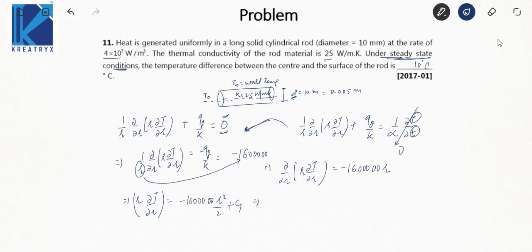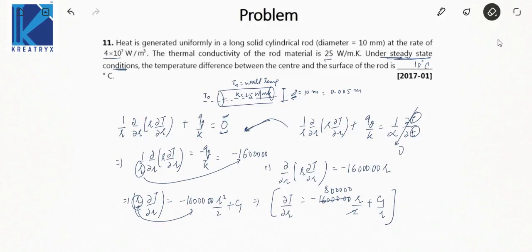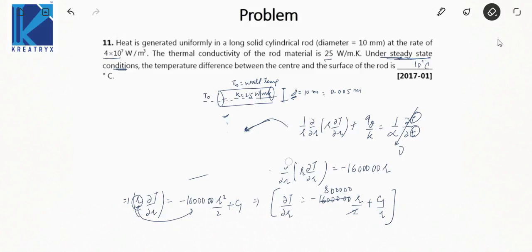Okay, that implies taking this R here, del T by del R is equal to R by 2 plus C1 by R. This becomes, okay, so this is del T by del R. Although I'll keep del T by del R.